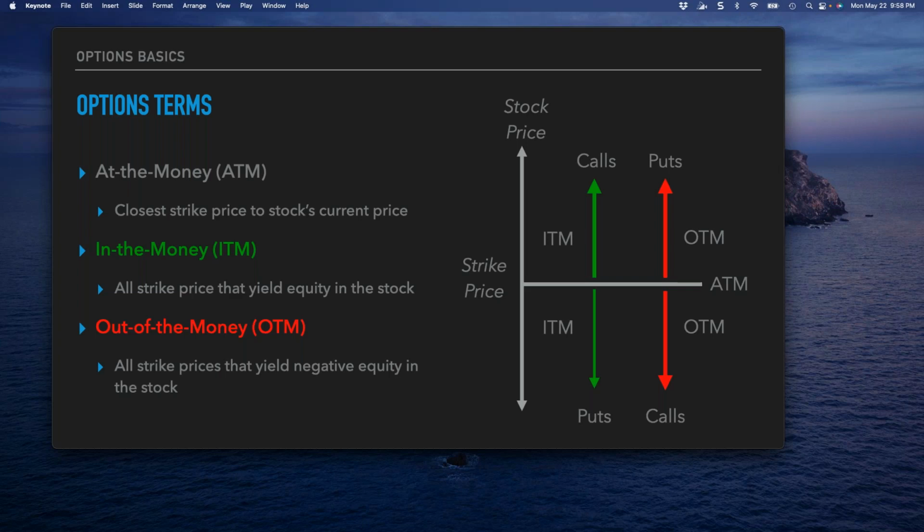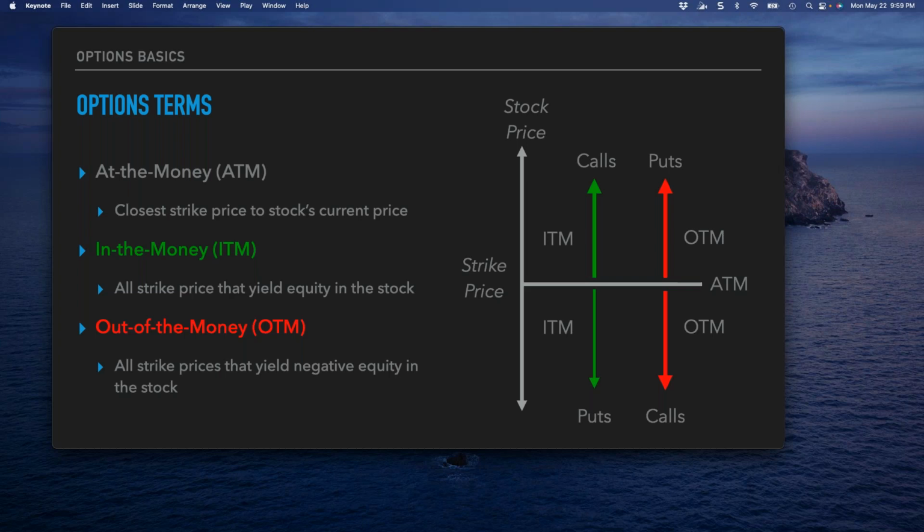Out of the money refers to any contract that would result in a negative equity position if the buyer were to exercise it. Using our $28 stock, a call option with a $30 strike price would be out of the money, just as the $35 strike price.